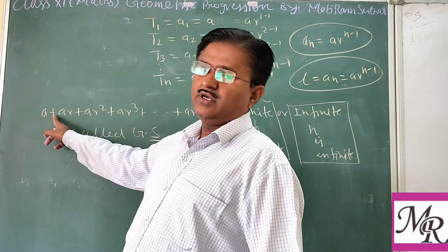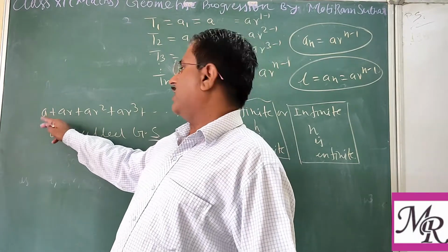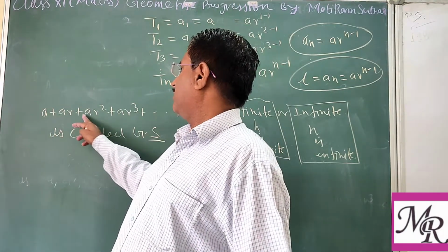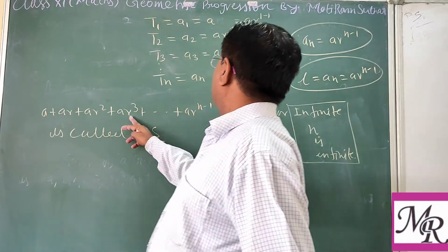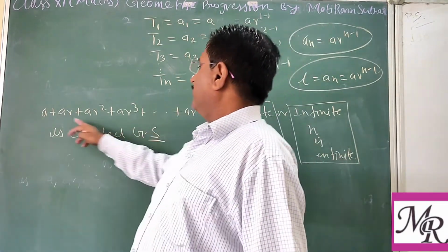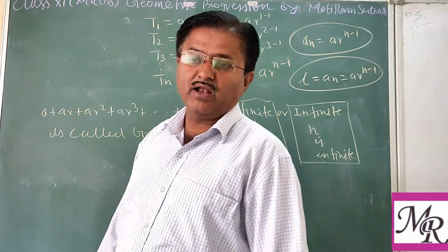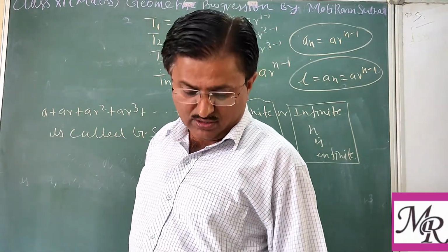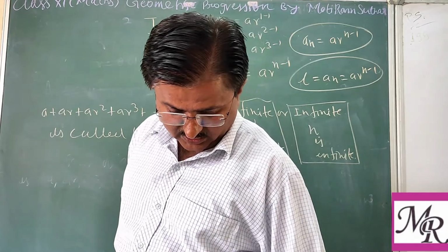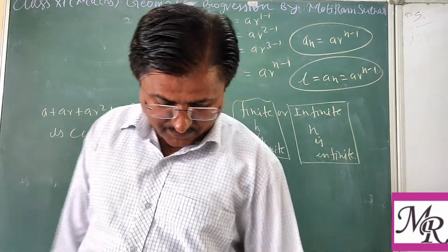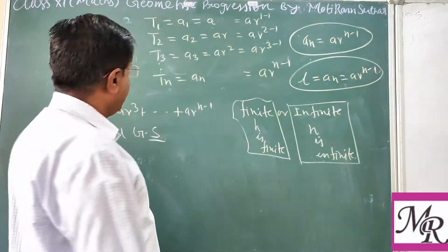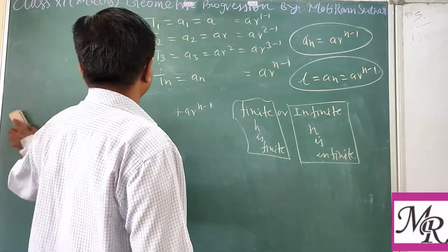Like in a GP, geometrical progression, we have A comma AR comma AR square comma AR power 3 and so on. So that comma we replace by plus. So a geometrical progression converts into a geometrical series. Clear?